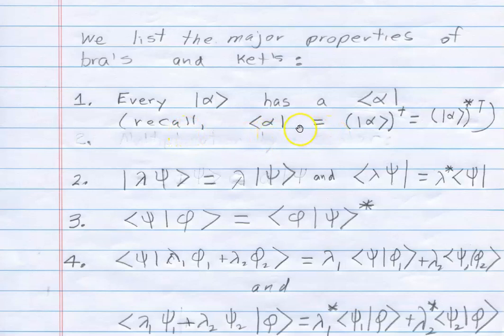And if you remember, the Hermitian conjugate of the ket vector is just the bra vector. And by that I mean for this dagger, you take the complex conjugate and the transpose.